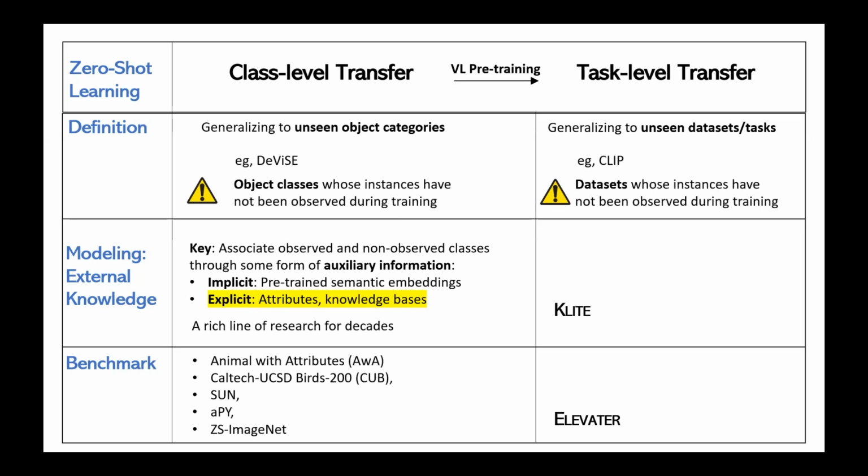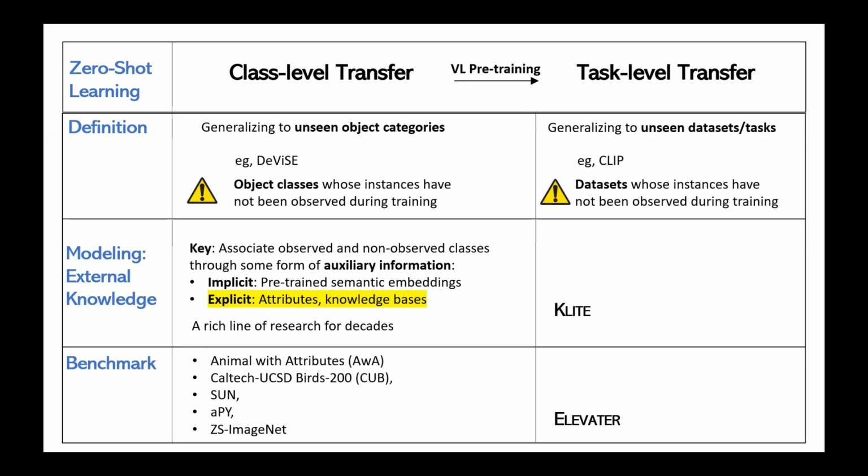We have also used the explicit knowledge from knowledge bases. But how to generalize the idea of external knowledge from the class level transfer to the task level transfer has not been studied before. In this session, I'll show our recent attempt to generalize the idea to the task level. I'll talk about K-Lite.